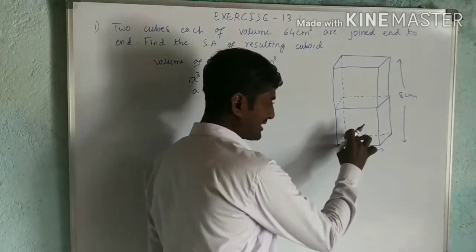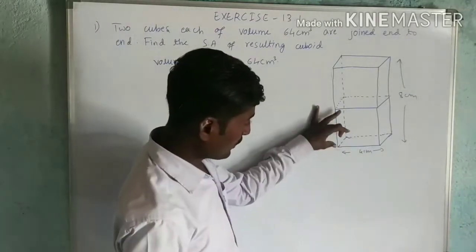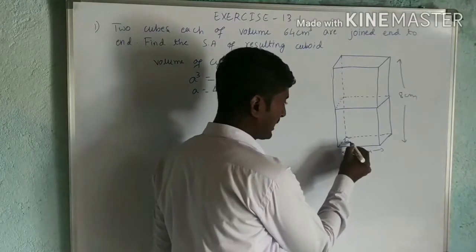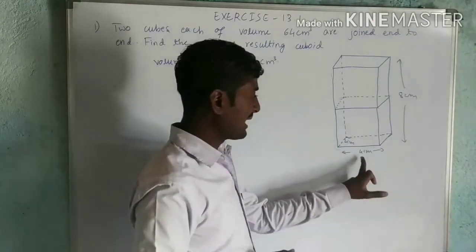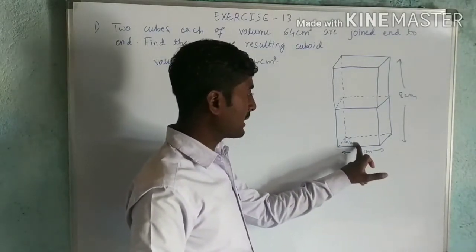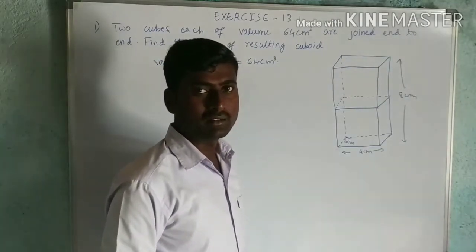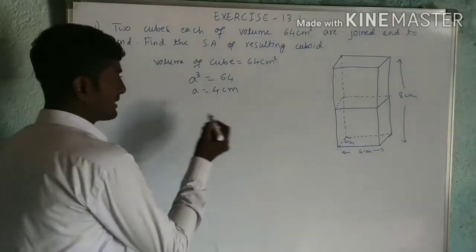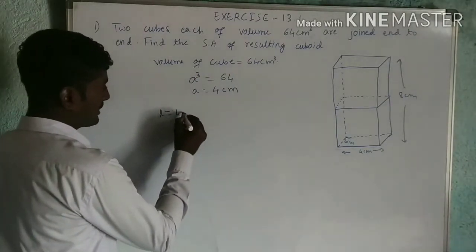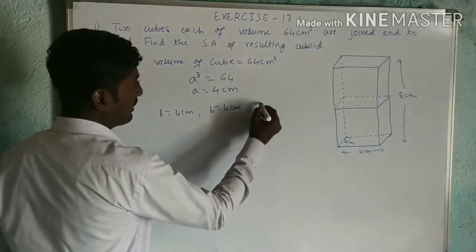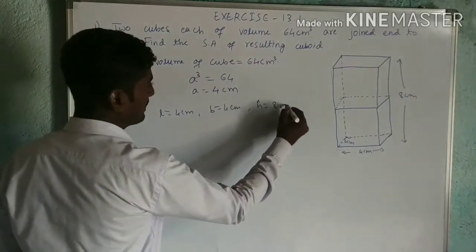So initially it was a cube, so breadth will also be 4 centimeter. Now L is 4 centimeter, breadth 4 centimeter, height I will take as 8 centimeter. Okay. Now here let us substitute them. L is equal to 4 centimeter, B is equal to 4 centimeter, H is equal to 8 centimeter.